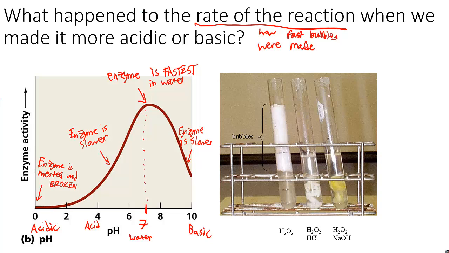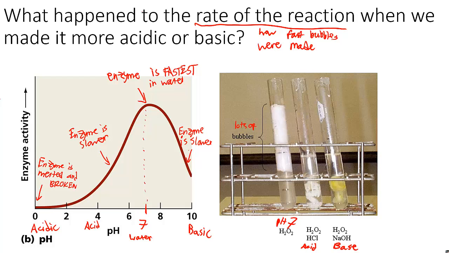Okay? So here's our lab. We have pH of 7, meaning water, and we have lots of bubbles. Okay? This is HCl, which is an acid, and this is NaOH, which is a base. Okay?